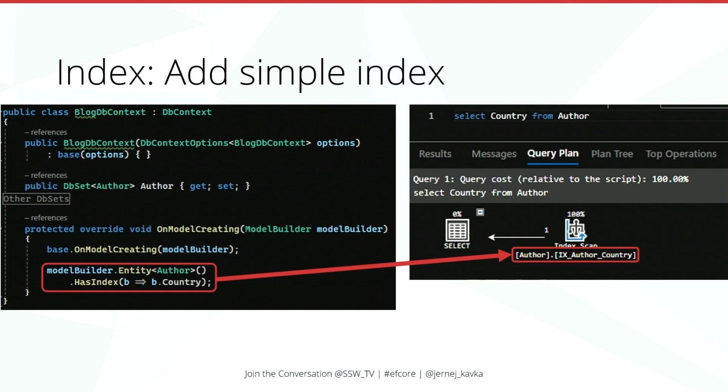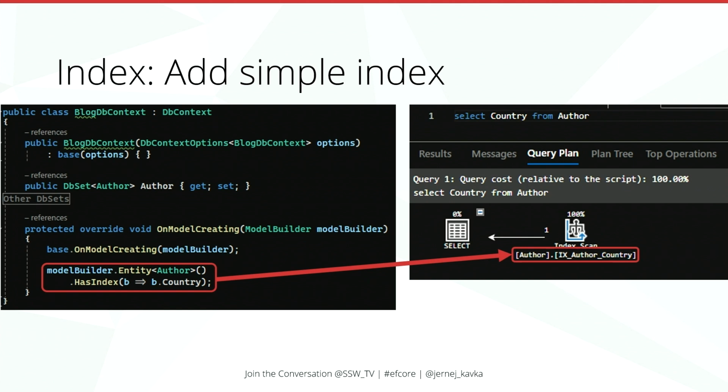Imagine that we're having something like Amazon or Audible, and we want to get all of the authors from a specific country because of licensing. And such an index would make sense because it will allow you to fetch authors a bit faster when you filter by country.